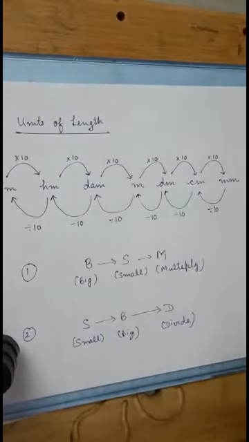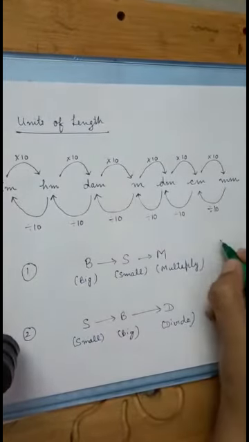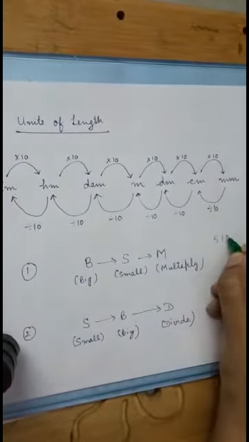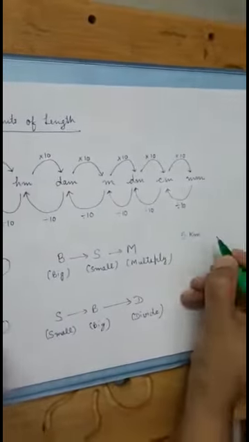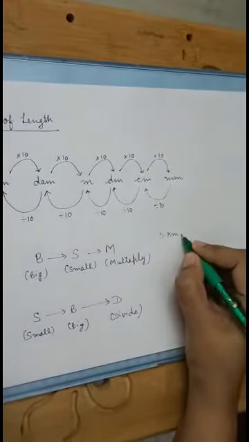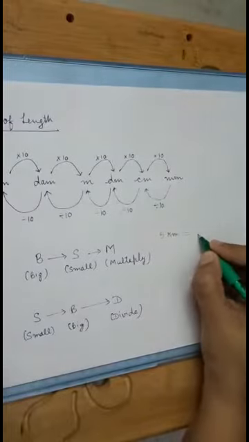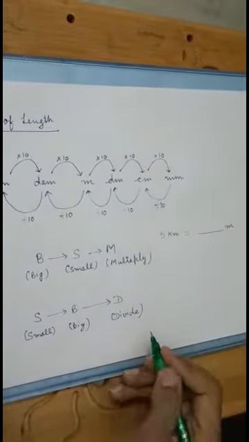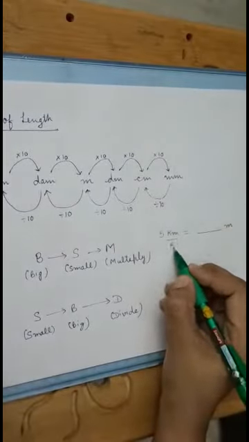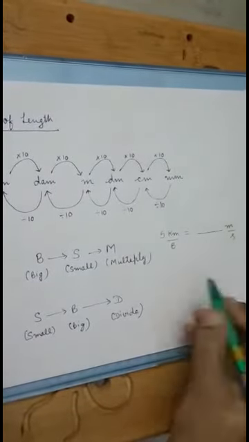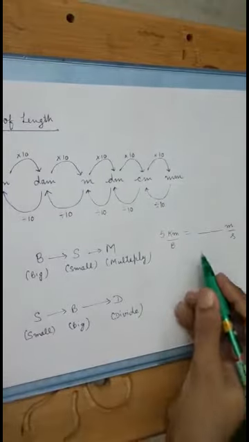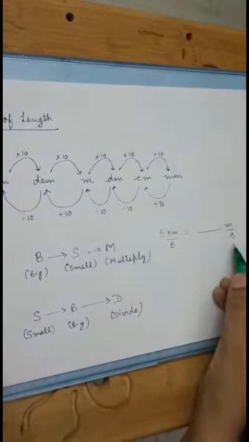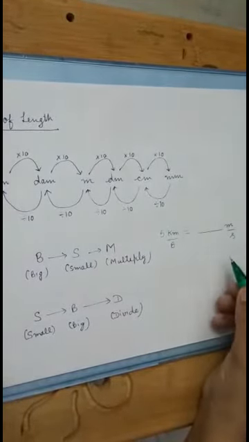Let's take one example. If the question is to convert 5 kilometer equal to dash meter, so I have to convert big unit into small unit. We know that kilometer is a bigger unit than the meter. So now the question is with which number I should multiply.